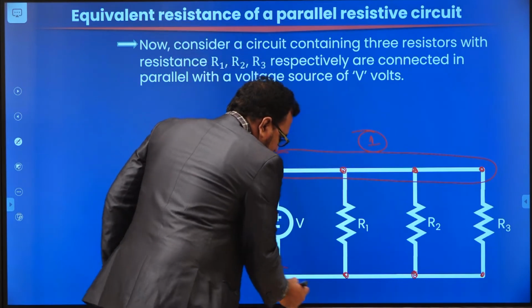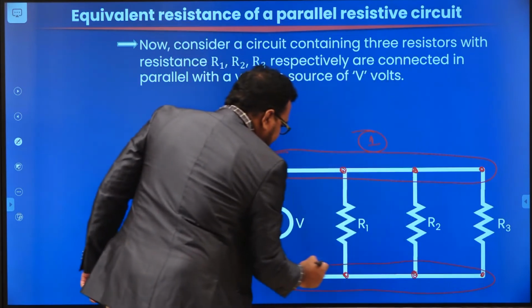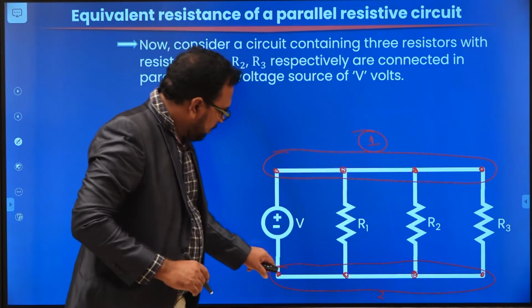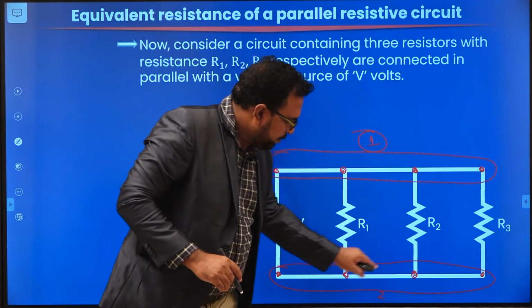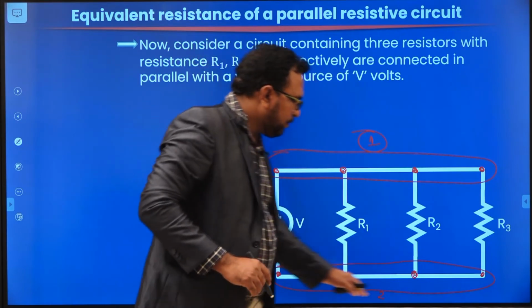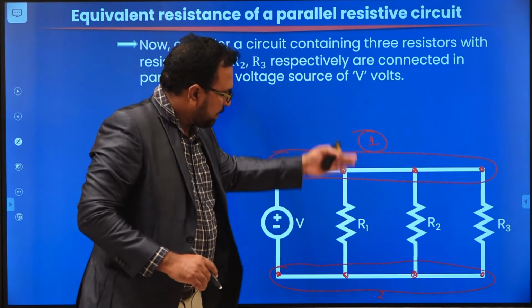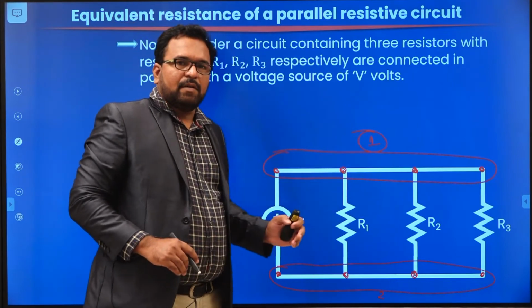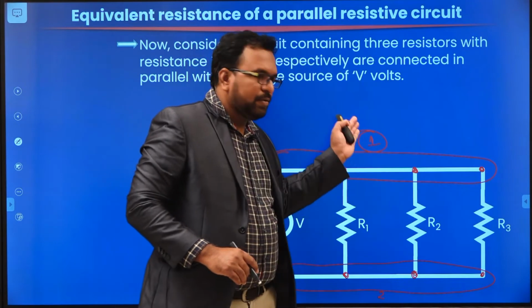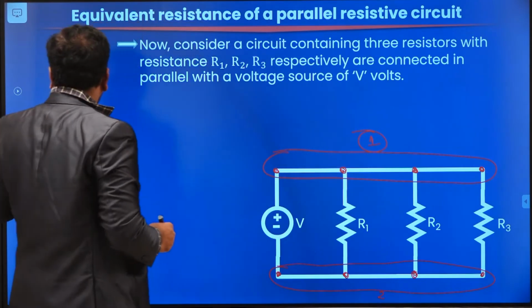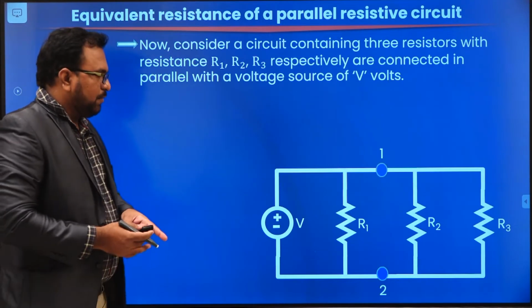Similarly, all these 4 nodes are going to be considered as a single node and this is the second node. Since in between these nodes there is no element involved, we consider them as a single node. So finally, we can say that there are only 2 nodes involved and all the elements are connected in between these 2 nodes. That's why it is a parallel circuit. So those are the 2 nodes involved here.